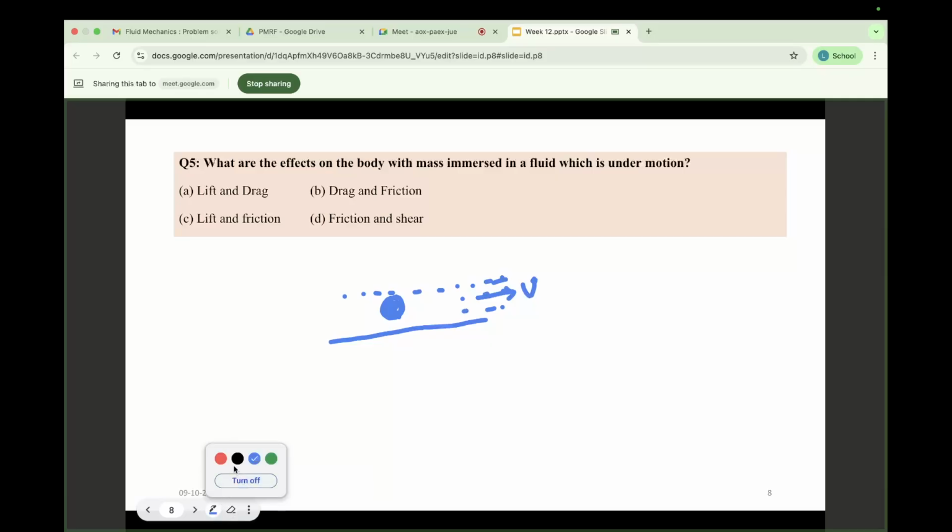Because let us assume that all the particles of the fluid are moving at a certain velocity, and this mass of this body, the solid body, has a velocity u. So there is a difference in this relative velocity.